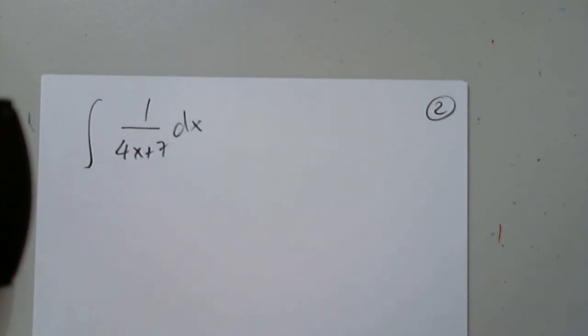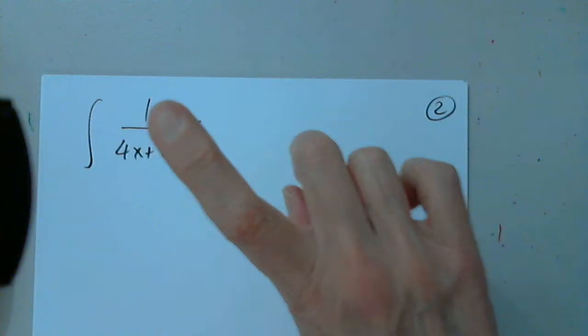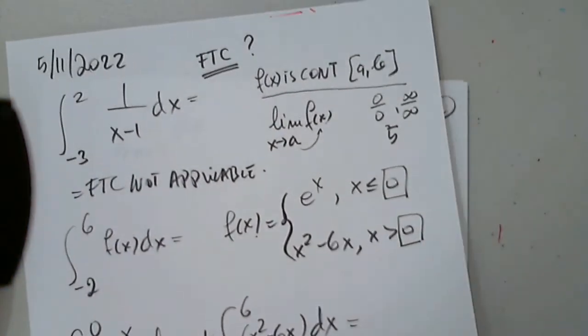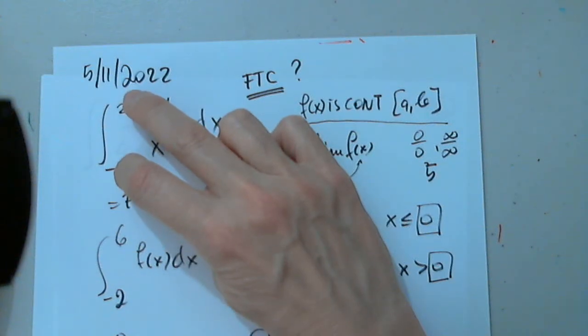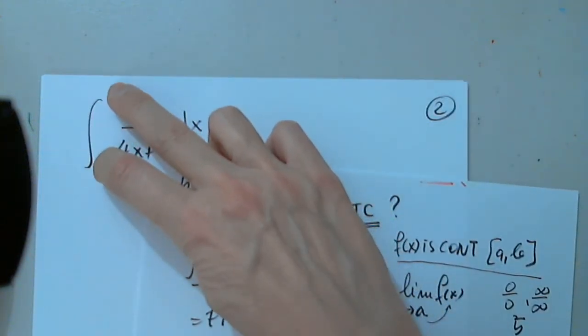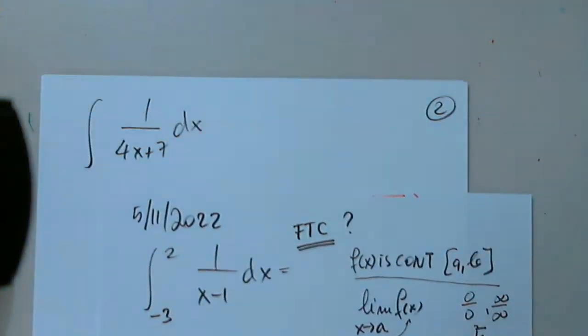Do we still check for continuity on that one? No, because it's not a definite integral. Very good point. The function has to be continuous on the given interval. We don't have an interval here. So continuity is not necessary for an indefinite integral.